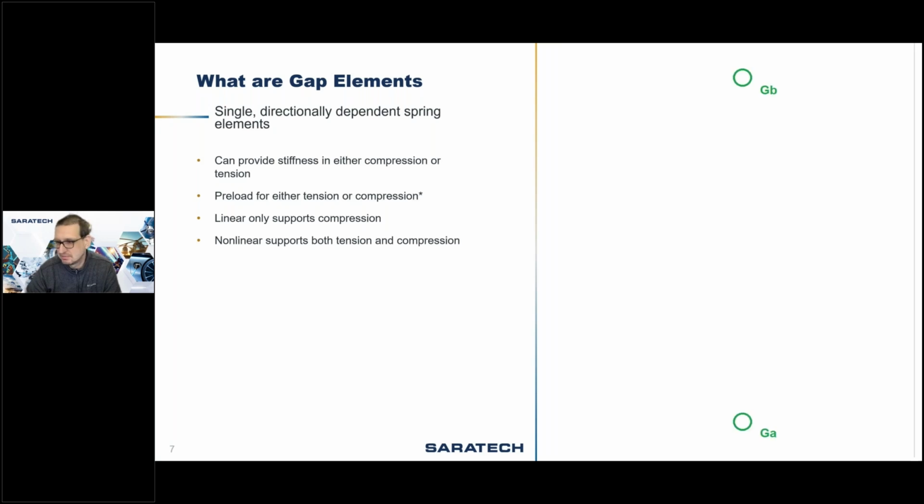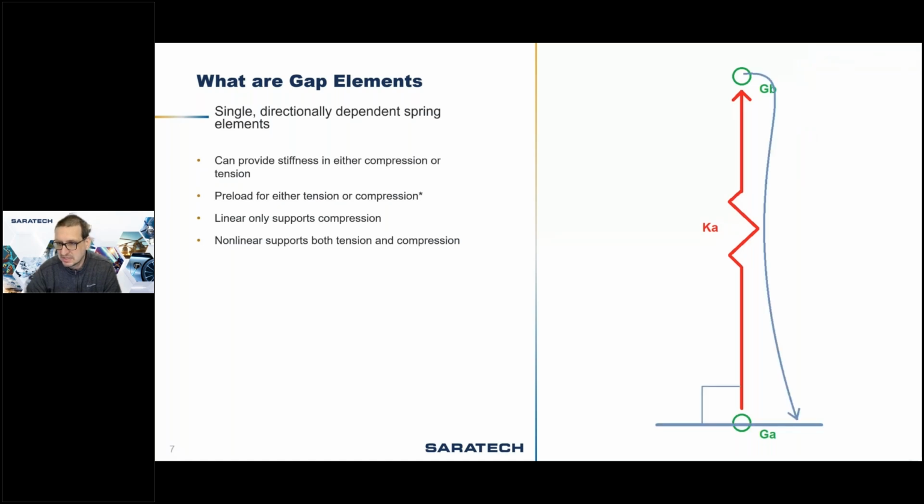So the way this occurs within Nastran is we've got two nodes here, GA, GB, over on the right-hand side. A stiffness is applied between them. This KA here represents compression stiffness. There is a KB for tension stiffness. GB or GA, in this particular case, can move either towards each other or away from each other.